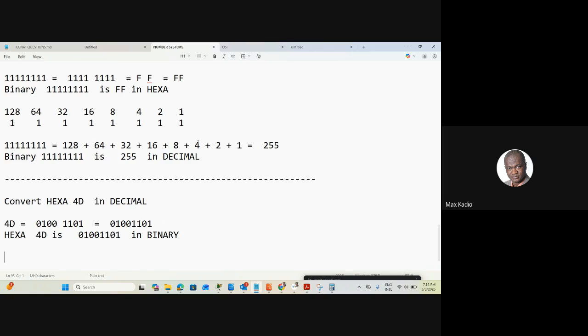As you know, binary and decimal is always via a table.